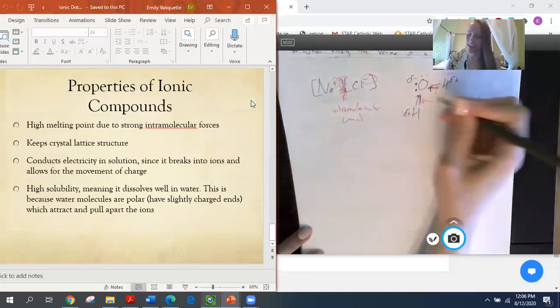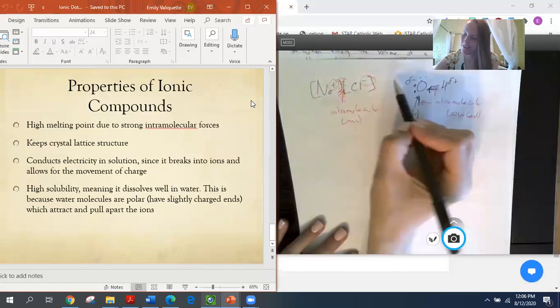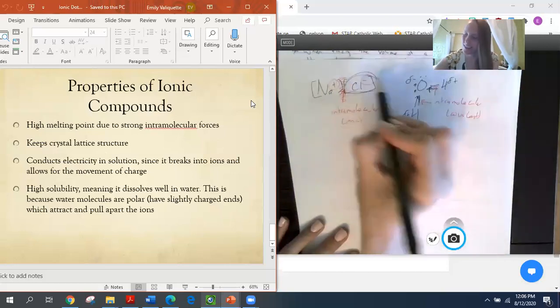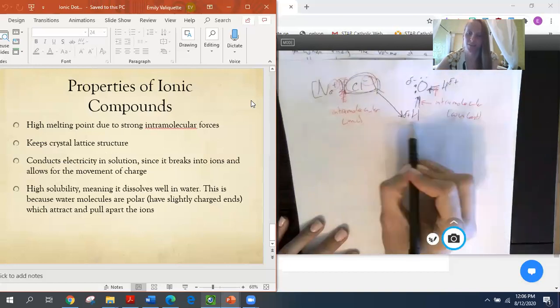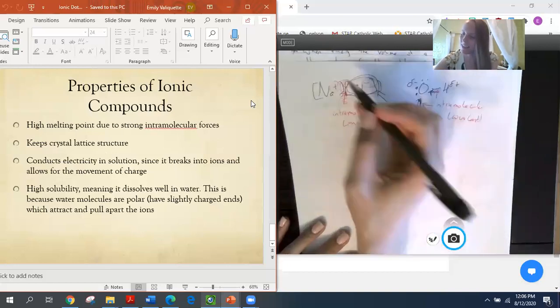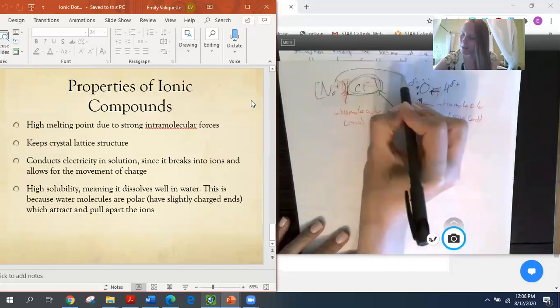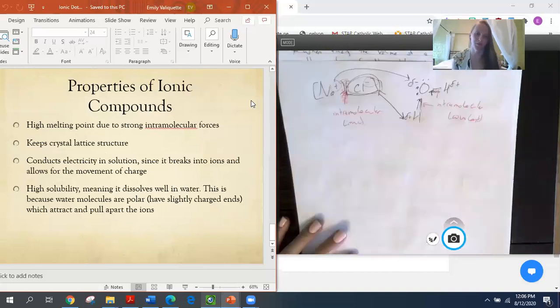And so because of that, this negatively charged ion gets pulled away by the positive end of the water molecule, and this positive ion gets pulled away by the negative end of the water molecule.